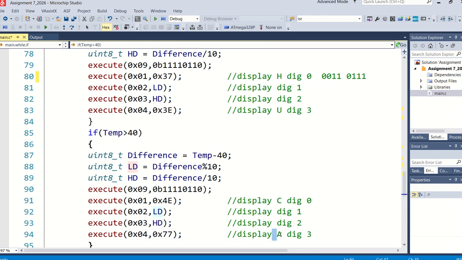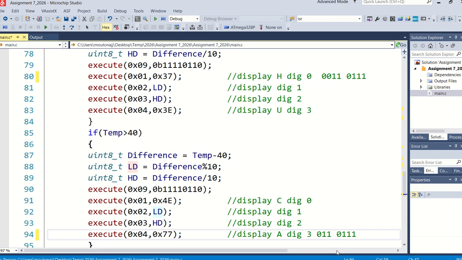And of course, the character A, just one more. The decimal point is off. The segment A of the 7 segment is a 1. B is a 1. C is a 0. D is a 1. E is a 1. A is a 1. B, C, D, E, F, G. Yeah, there we go.